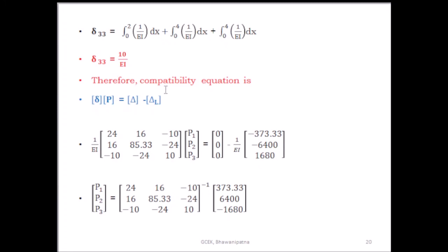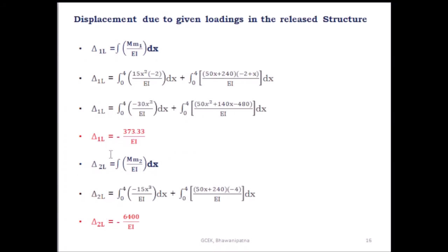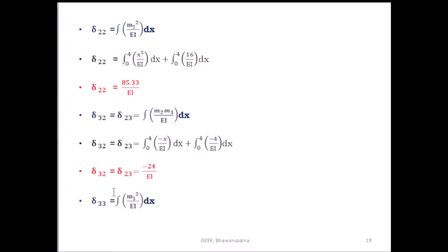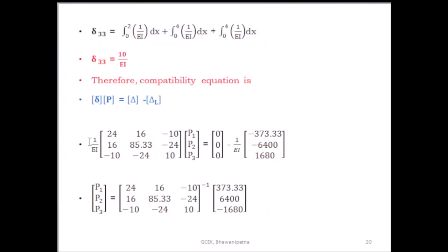Then you know the compatibility equation, delta P is equal to delta minus delta L, where delta is the flexibility matrix. These are the coefficients of the flexibility matrix: delta 11, delta 12, delta 13, delta 21, delta 22, delta 23, delta 31, delta 32, delta 33.